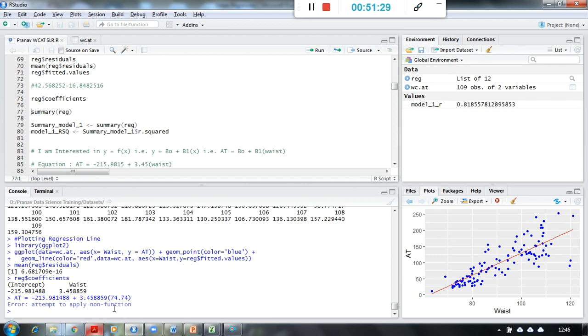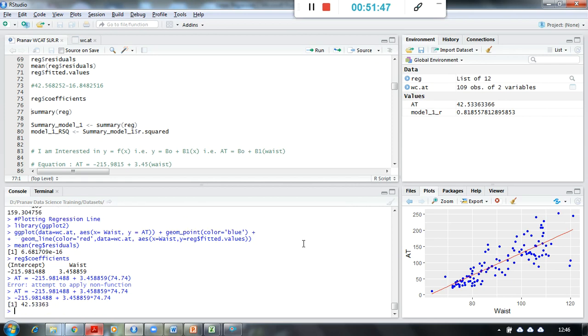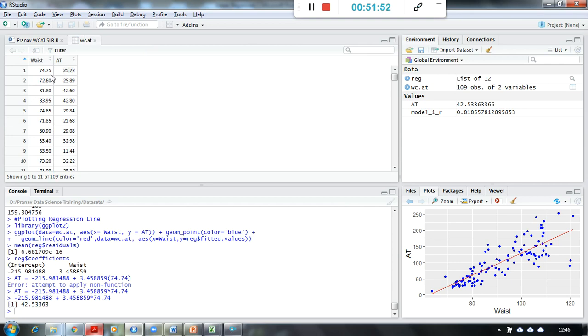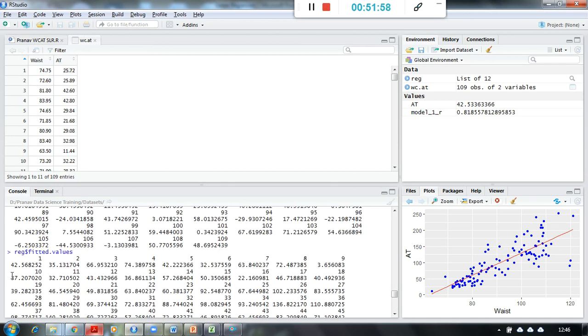Sorry, I need to do it in this way. So what is the value of y hat? It is 42.53 for the value 74.75, and the same thing we have seen over here, 42.5682.